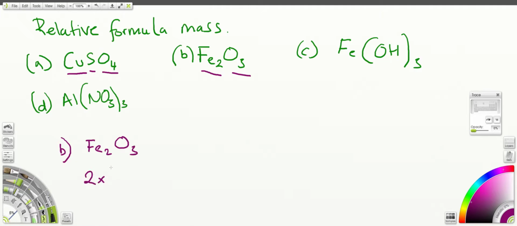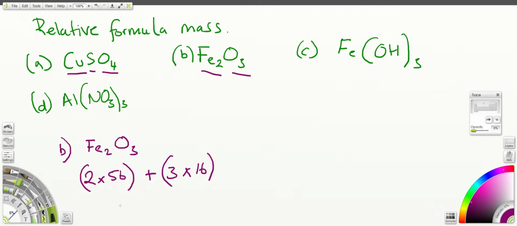I get the formula mass from the periodic table, remember. It's a transition metal, from the middle block, and it has a mass number of 56. So it's 2 times 56 plus 3 lots of oxygen times 16, which I got from the periodic table again. It's the top number, the heavy number.